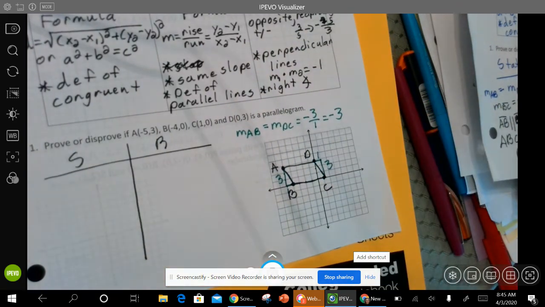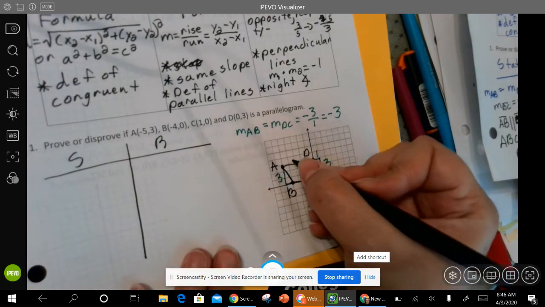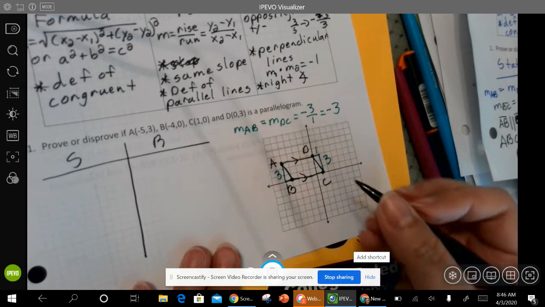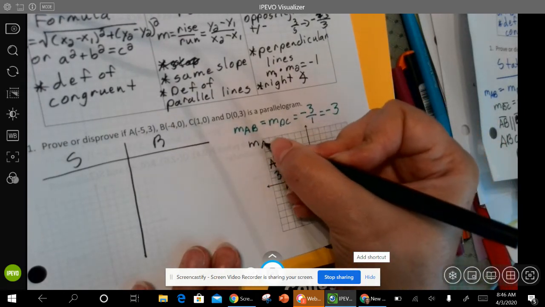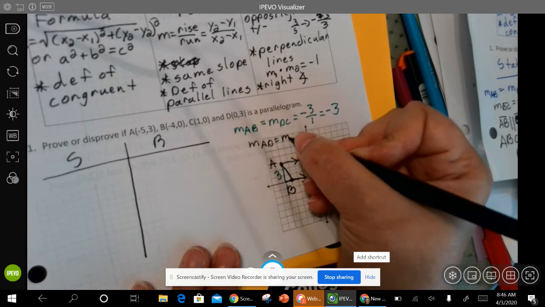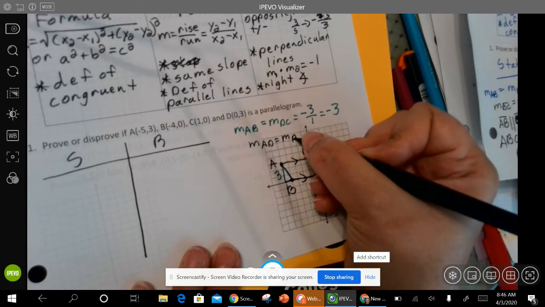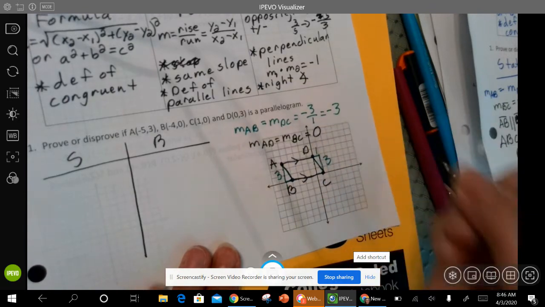Okay, and then everybody, if they're horizontal lines, the slopes are 0. So the slope of DA and the slope of BC is 0. So they're horizontal.